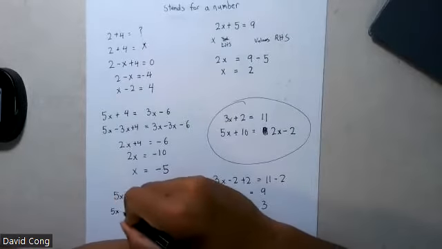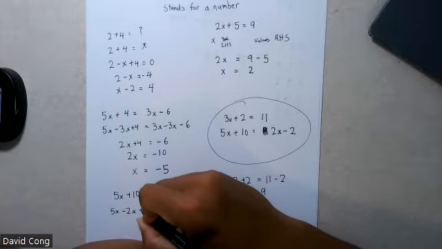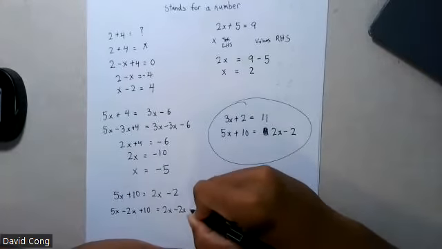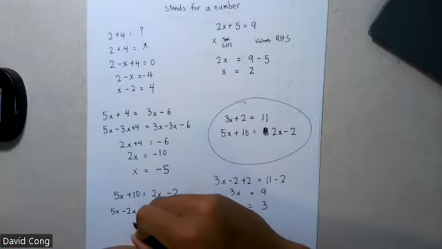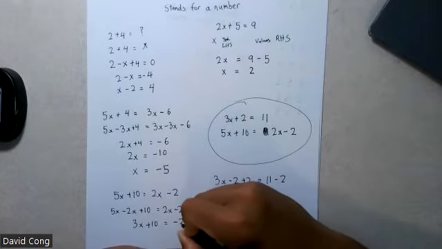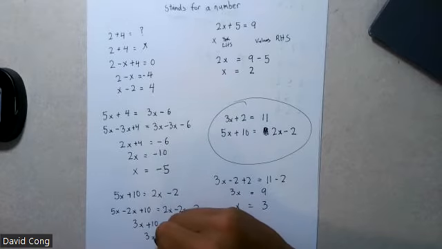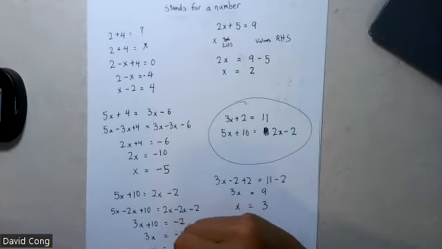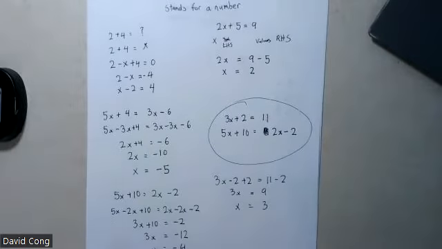So we have 5x minus 2x plus 10 equal to 2x minus 2x minus 2. So this was 3x plus 10 equals negative 2. We subtract 10. We get x equals negative 4.